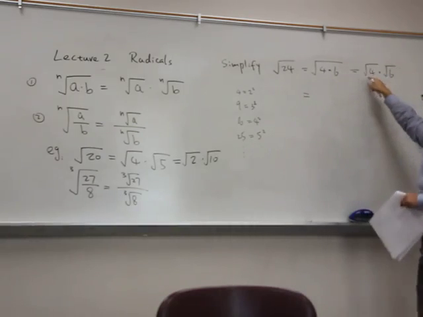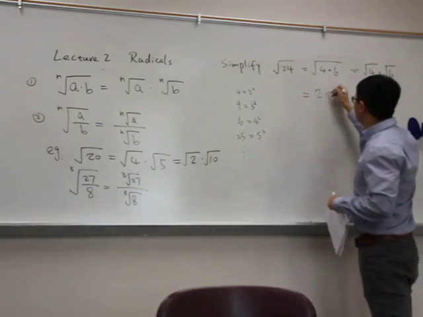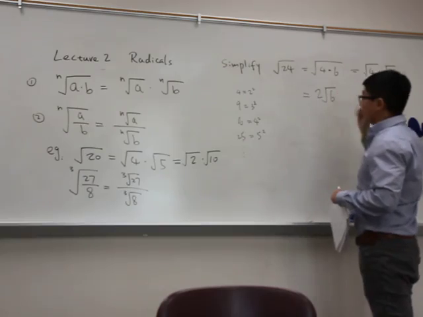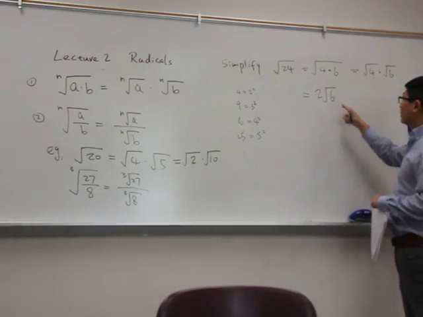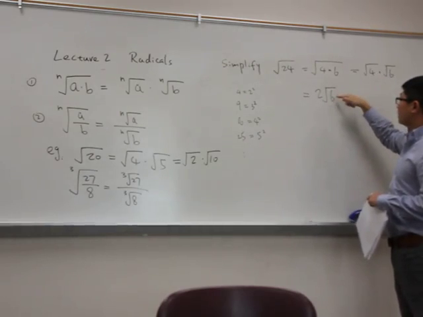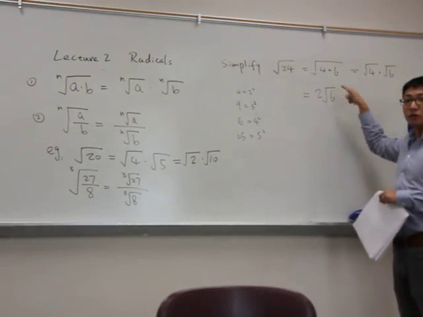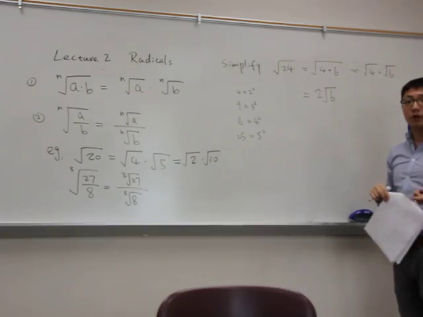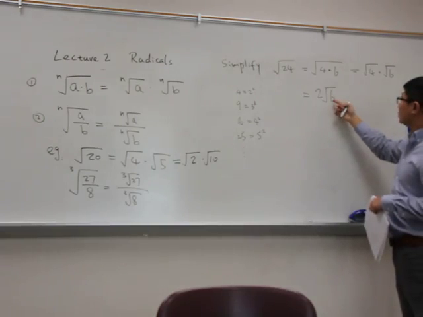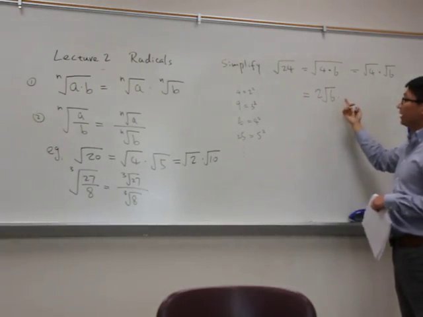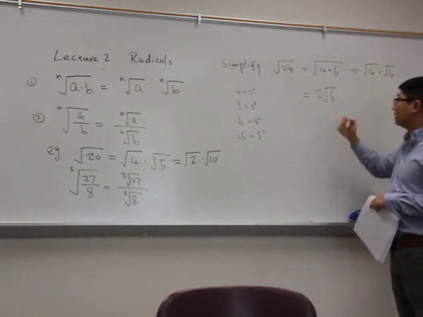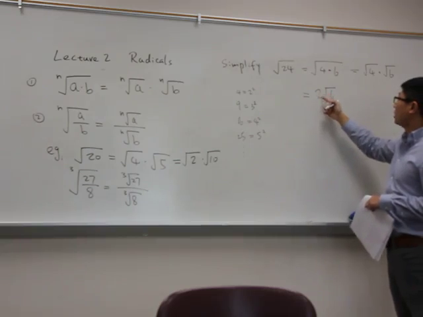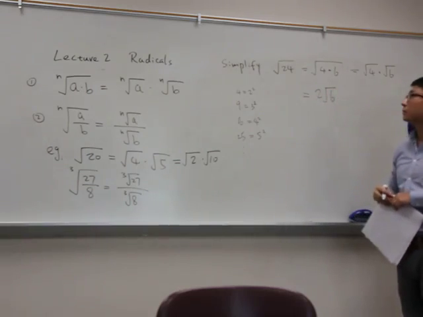Because we know the square root of 4 equals 2, the answer is 2 times the square root of 6. Now, when you check your answer, you want to check if the number under the square root still contains any perfect square number. Since 6 doesn't contain any perfect square number, we know we can stop here. So the answer is 2 times the square root of 6.